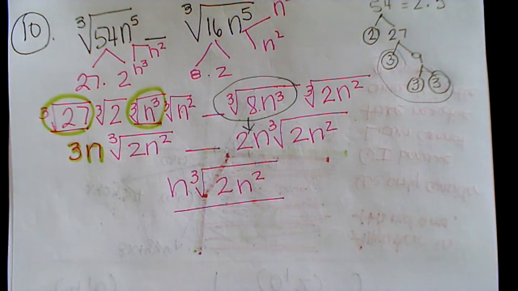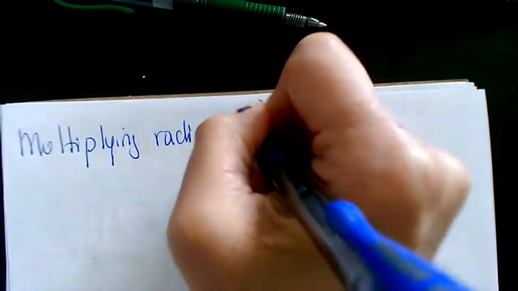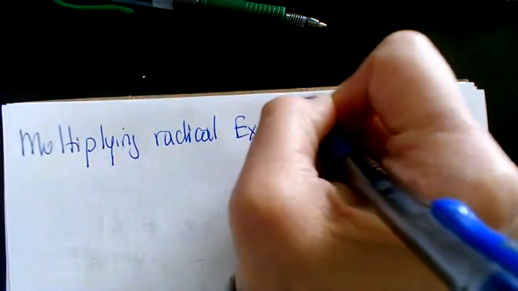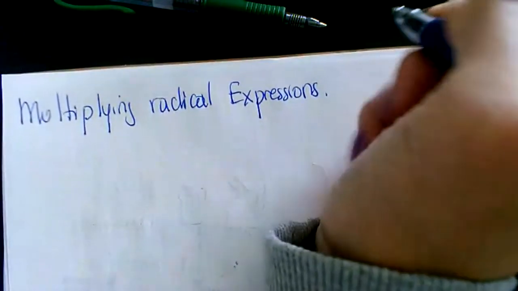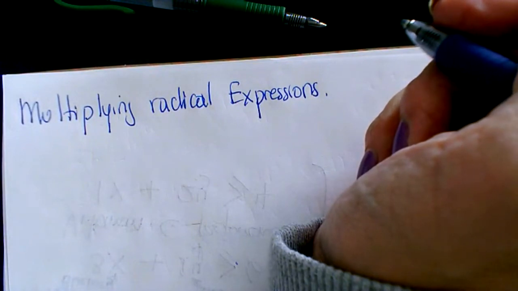And we're going to start multiplying radical expressions, okay? So to multiply radical expressions, simple, distribute.